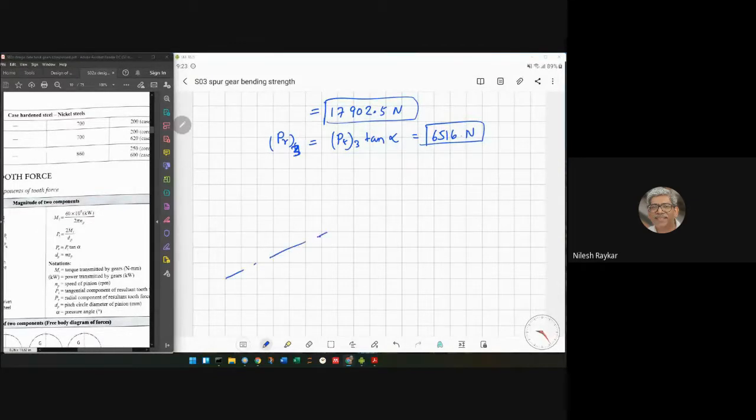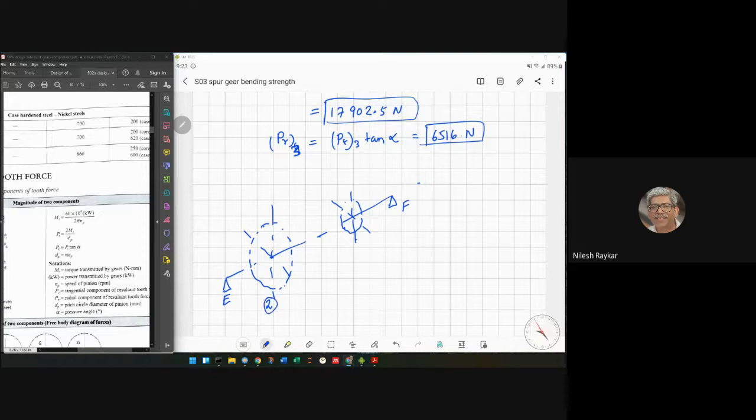So I'm just drawing. The shaft has a bearing at E and a bearing at F. Then there is gear number 2 and gear number 3.